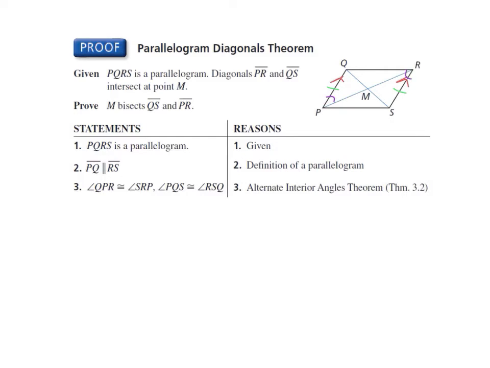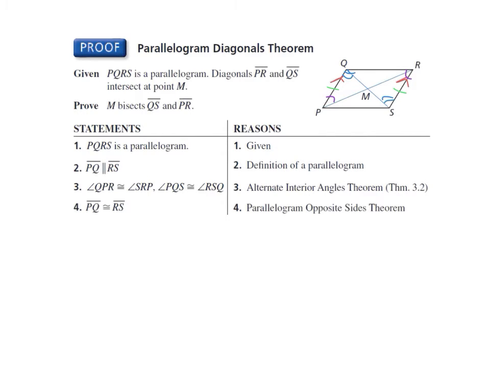So that then allows us to say that angle QPR is congruent to angle SRP, and we can also say that PQS is congruent to, and I'm using different colors for my arc marks, but I can double and single just to also differentiate congruence. So for both of the diagonals, they can each serve as separate transversals to the parallel lines that we indicated earlier in our proof.